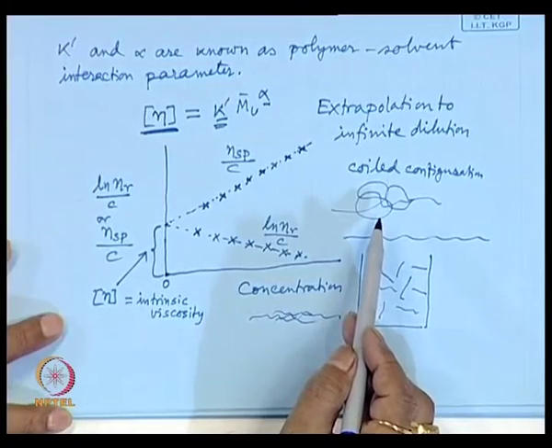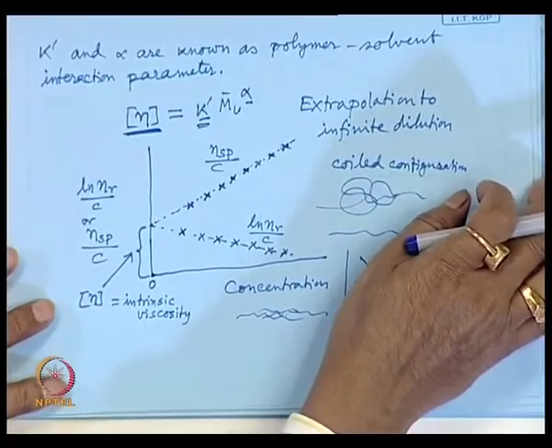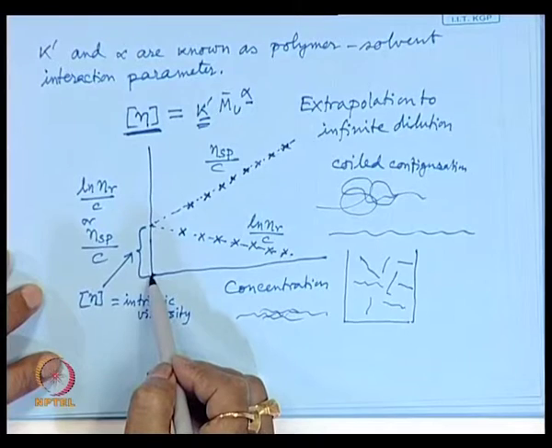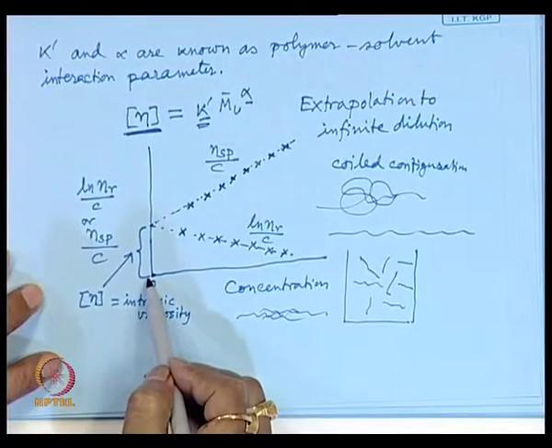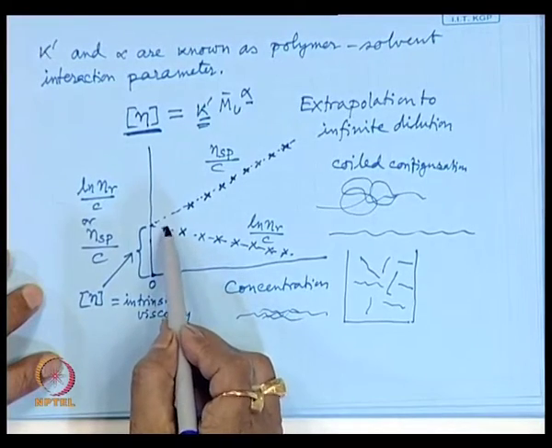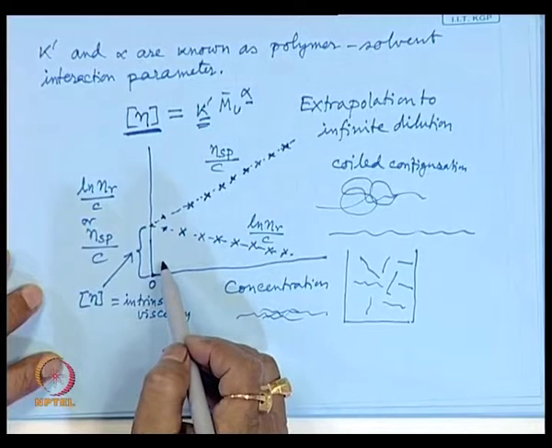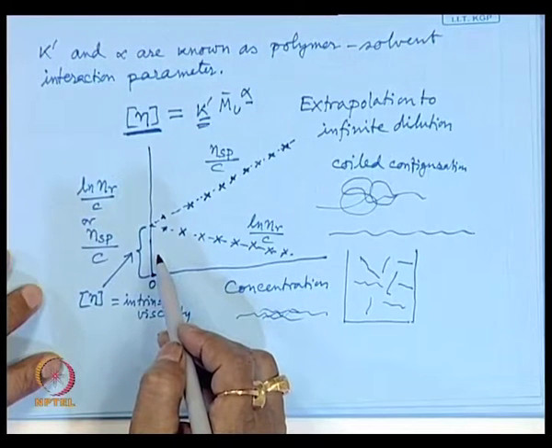That is why when we like to measure the molecular weight by viscosity measurement, we have to go for higher dilution or extrapolation to zero concentration, infinite dilution. But at these regions the flow times of the solvent and the solution are very close, you cannot distinguish.